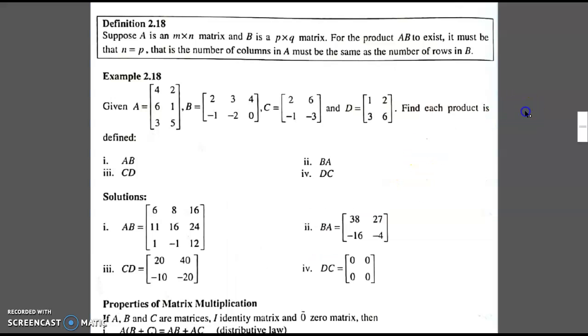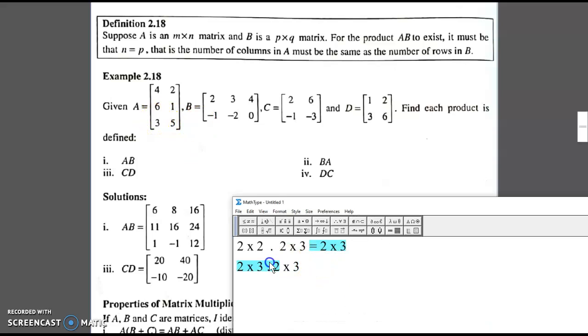Now let's try to look at an example. Given A, B, C and D. This one is 3 by 2, this one is 2 by 3, this one is 2 by 2, and this one is 2 by 2. Find each product, starting with AB. Let's first check on the order.